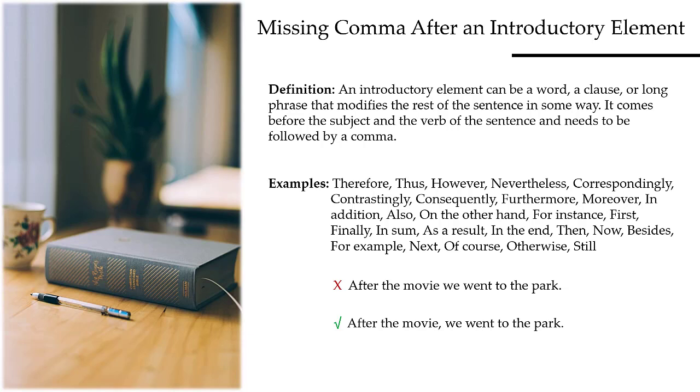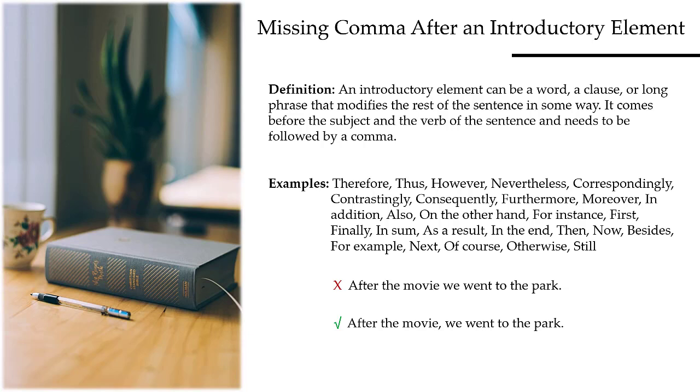Some examples of introductory phrases are therefore, thus, however, nevertheless, correspondingly, contrastingly, consequently, furthermore, moreover, in addition, also, on the other hand, for instance, first, finally, in sum, as a result, in the end, then, now, for example, next, of course, otherwise, still. Or information like after, before, information as to when, where, or how something occurred.